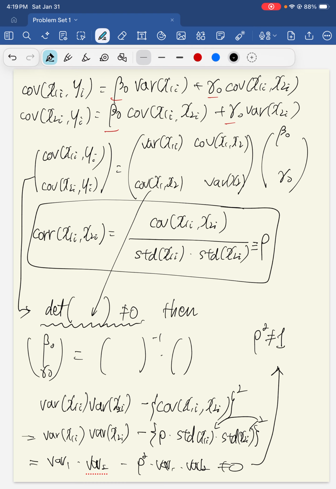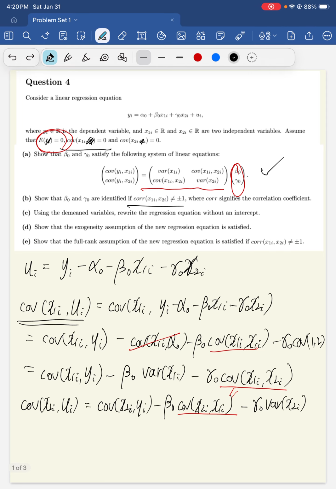Of course the variances are not 0. So this is the condition: the correlation coefficient squared should not be 1, so the correlation coefficient cannot be plus or minus 1. That's how we prove this.